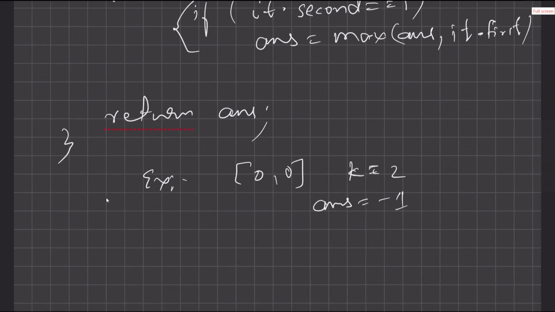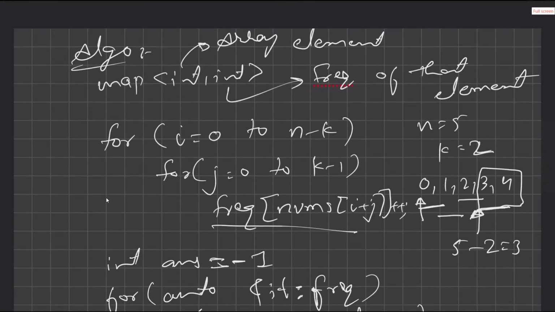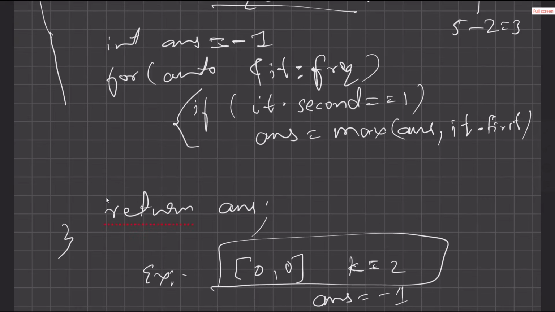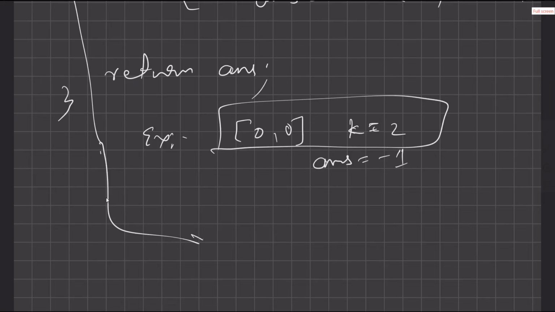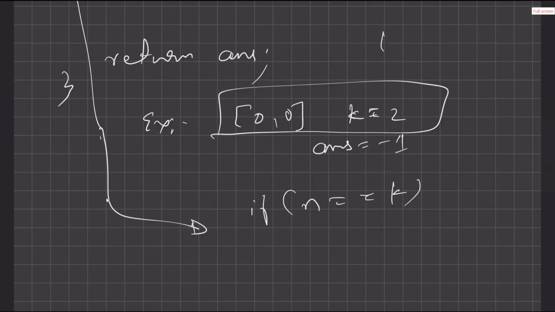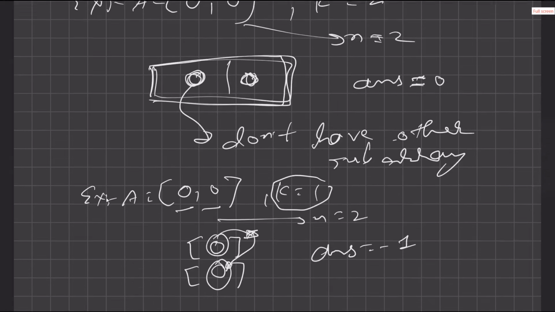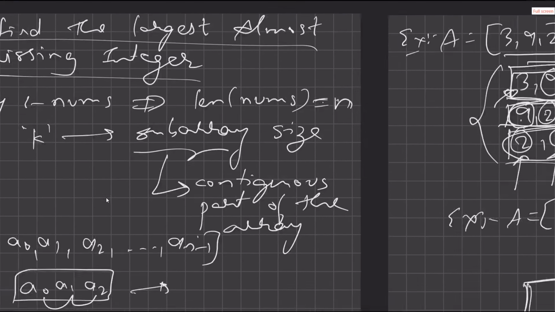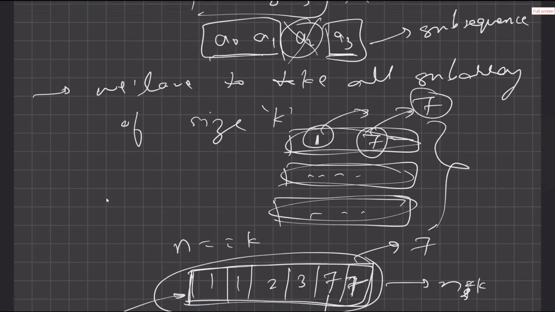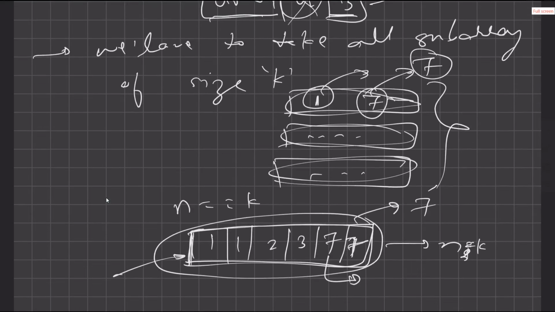So in order to handle this case when n is equal to k, before doing these things we will first be checking whether we can do the above algorithm or not. So we'll be checking if n, the size of the array, is equal to k. In that case you need to return the max element. As I said, when you have just one subarray, in this case you need to return the max element.